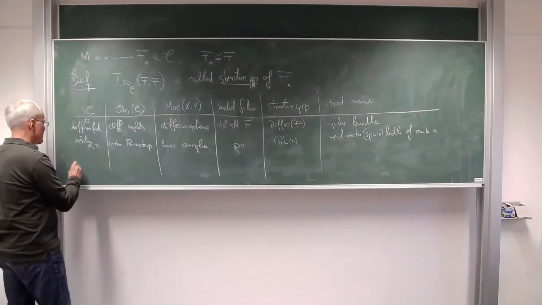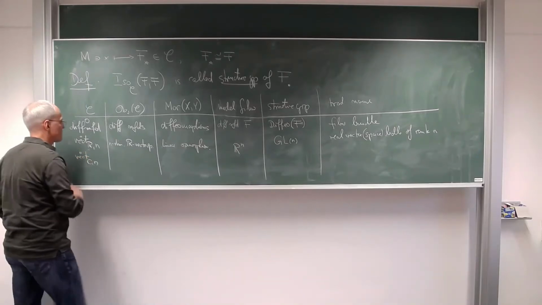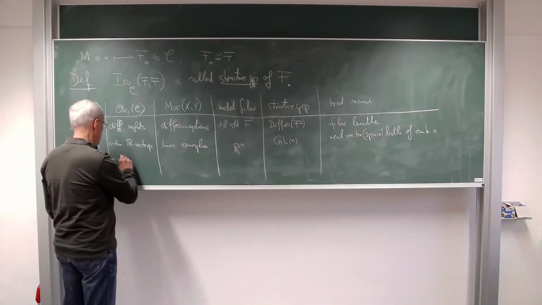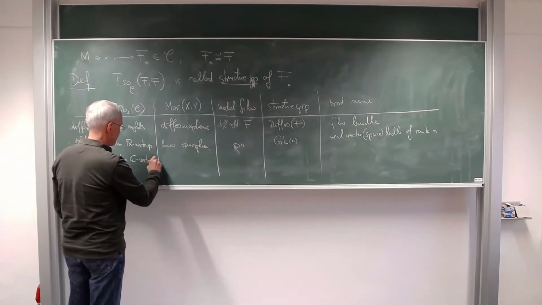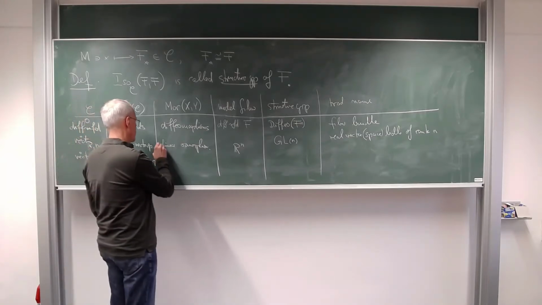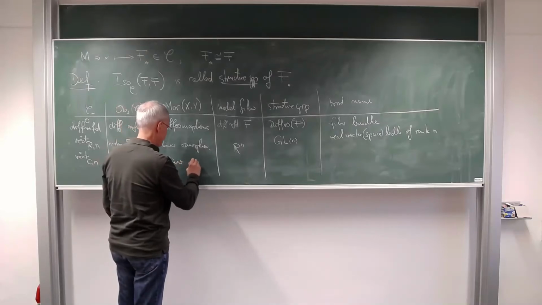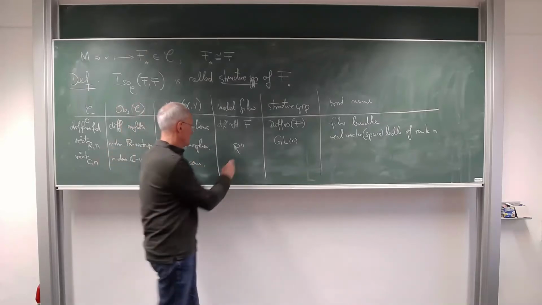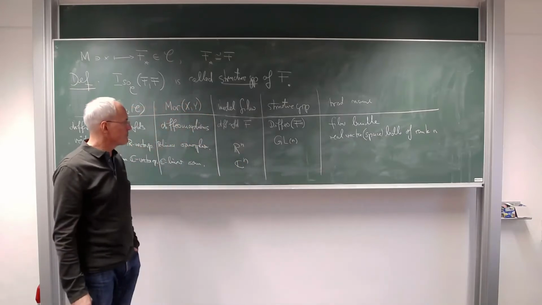Then we can do the same thing over the complex numbers. Then we have n-dimensional complex vector spaces. So these were R-linear, now we have C-linear isomorphisms. The canonical model fiber could be Cn.